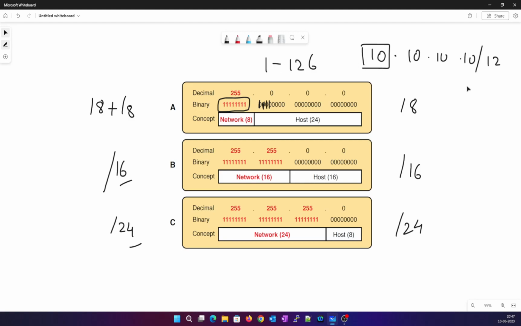All it cares about is the value after the slash: how many bits are 1. Based on that value, it calculates the network address, the network bits, the subnet bits, and the host bits.